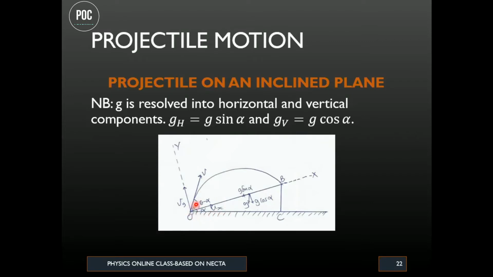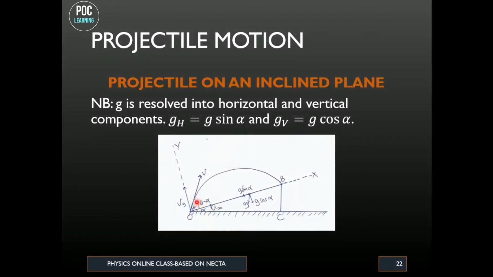The angle of projection with the horizontal is called theta. Now, the angle of the inclined plane is alpha. Therefore, the angle of projection here will be equal to theta minus alpha. We take the angle from the trajectory to the ground minus the angle of the inclined plane.